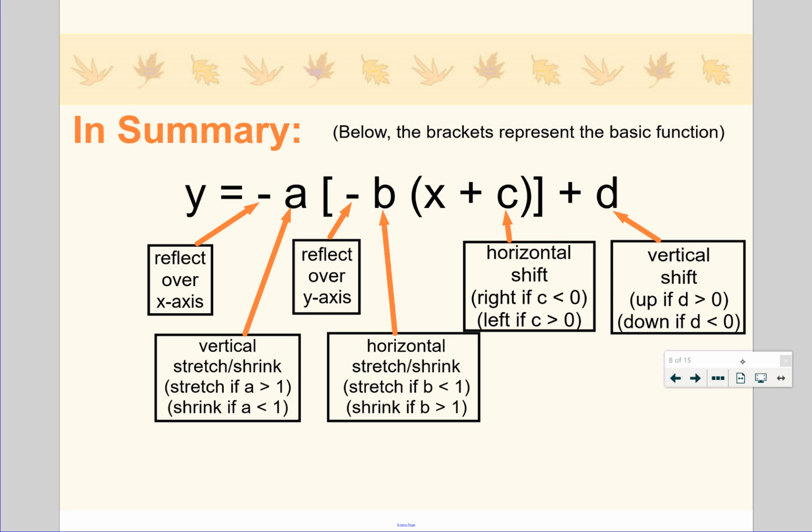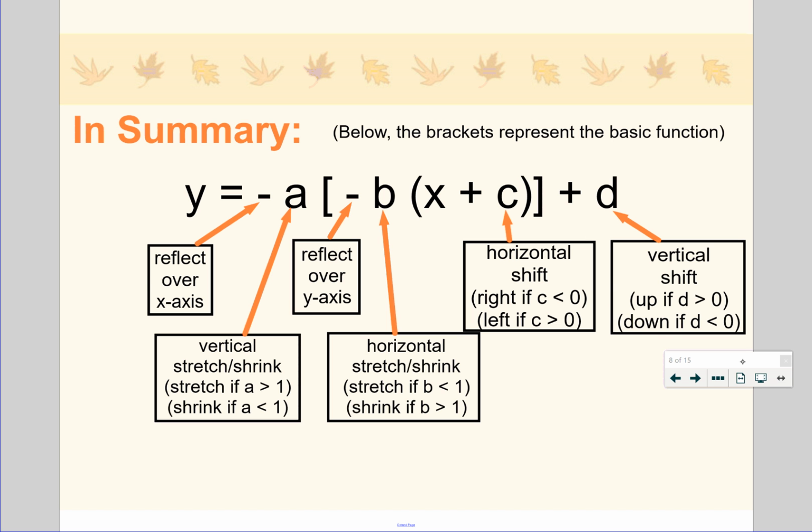Or they might be a parentheses squared, and everything in the bracket is part of a squaring function. They might be absolute value bars. So the bracket part is going to change because we'll be using different parent functions, but the letters and negative and positive signs, based on their location, are going to change the graphs the same way, no matter which parent function I have.